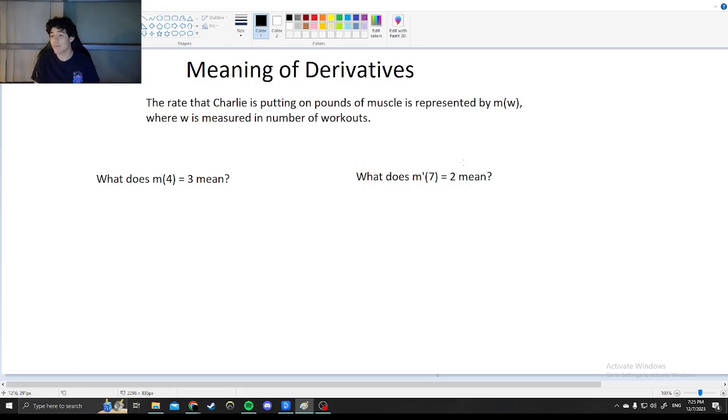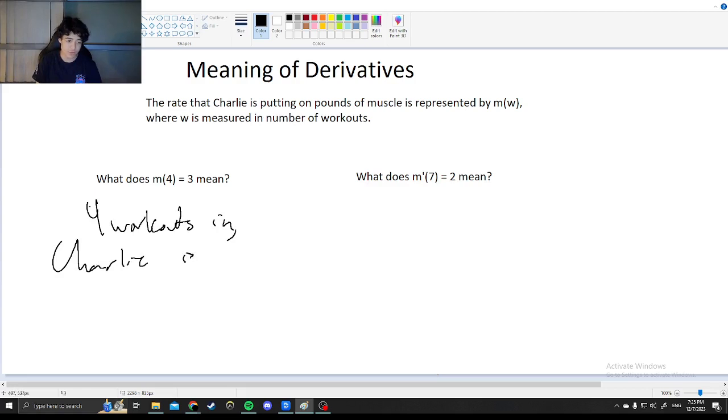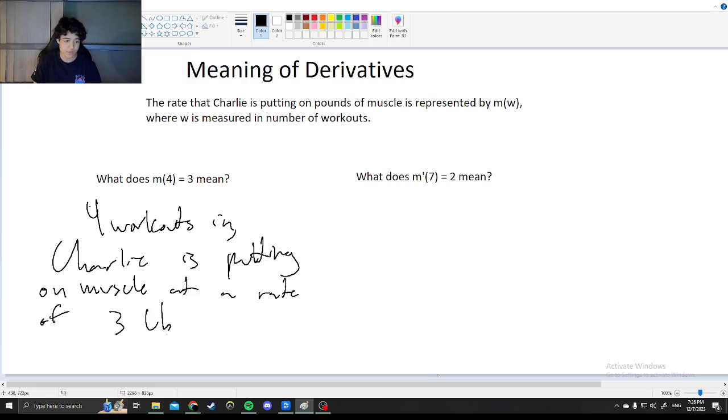Well, what does m of 4 equals 3 mean? I kind of just said it. m of 4 equals 3 means that 4 workouts in, Charlie is putting on muscle at a rate of 3 pounds per workout.